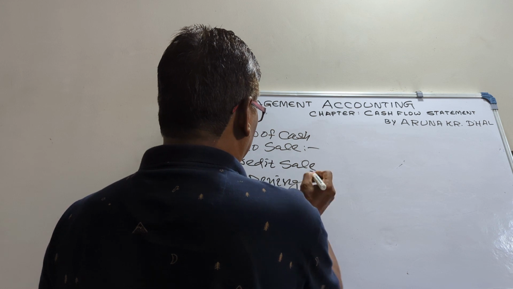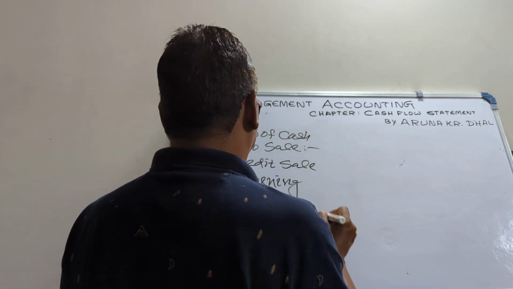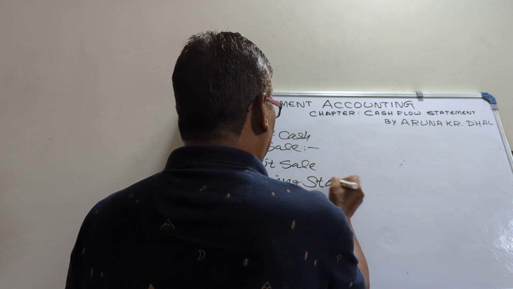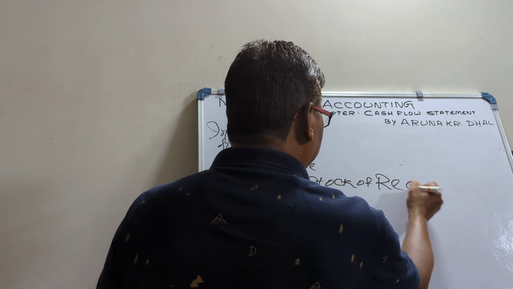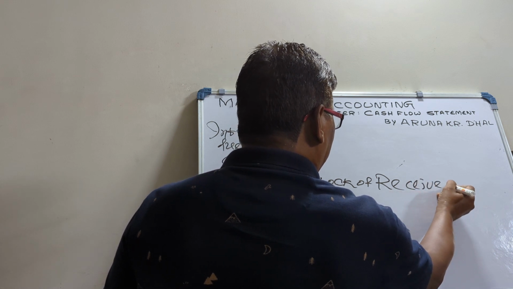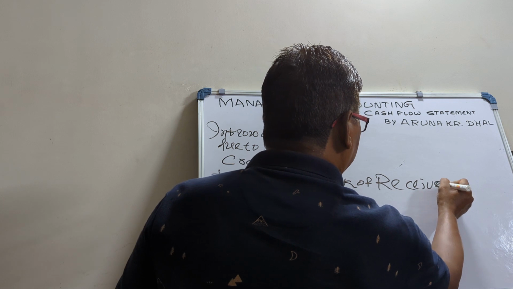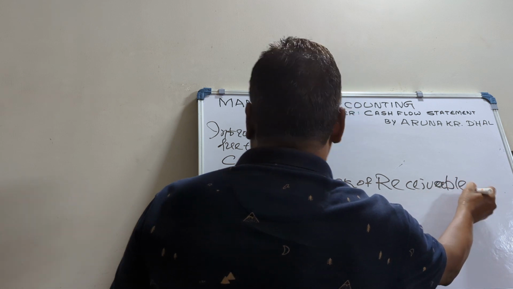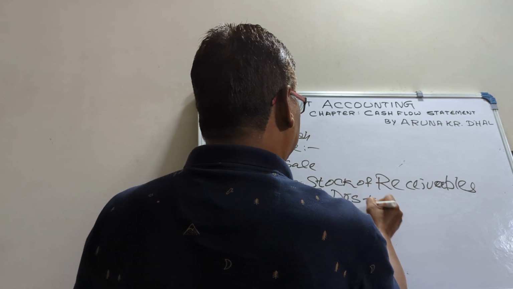That means we have sold goods on credit basis to our customers and we are yet to receive cash from them. That is the opening stock of receivables, which includes both sundry debtors and bills receivable.